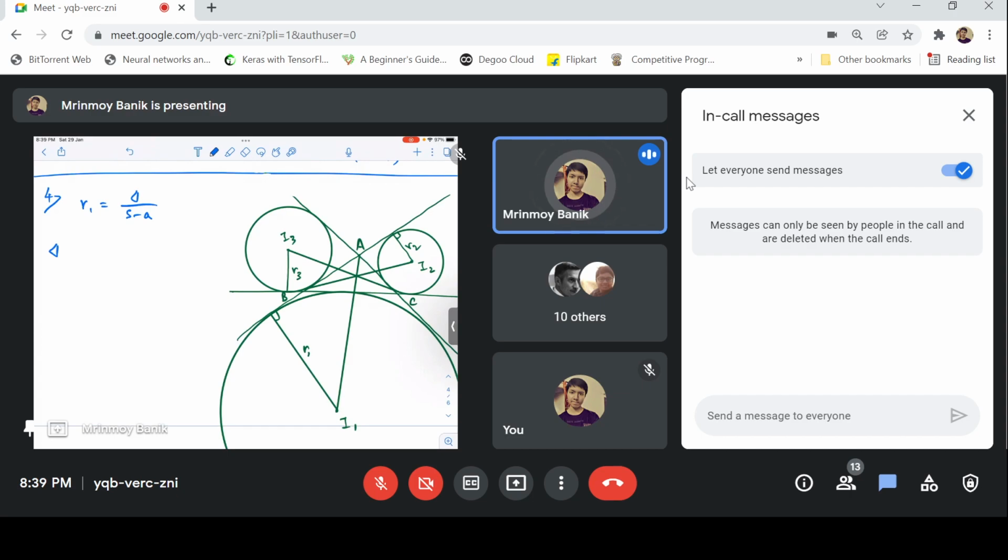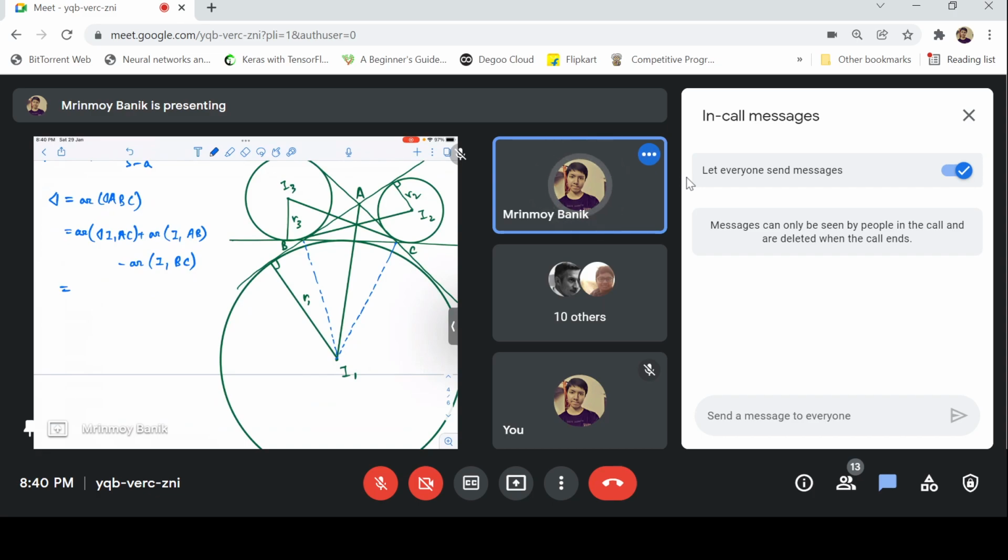So we will try to find delta in terms of r1. So delta is the area of triangle ABC, which is equal to area of triangle I1AC plus area of triangle I1AB minus area of triangle I1BC.